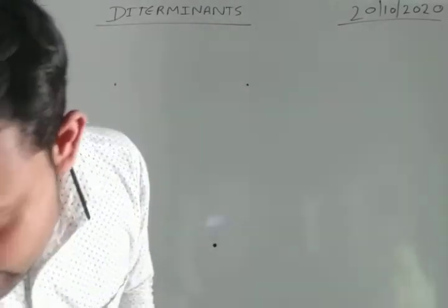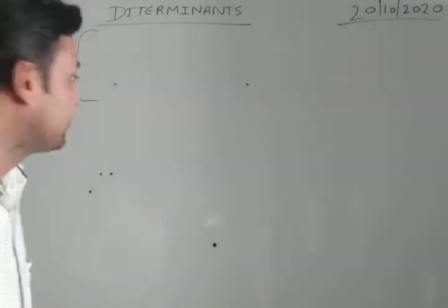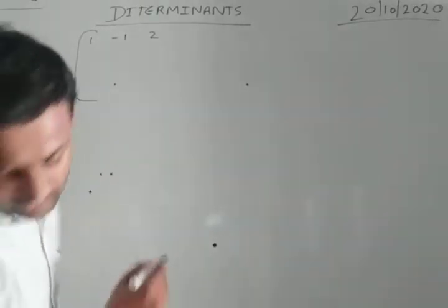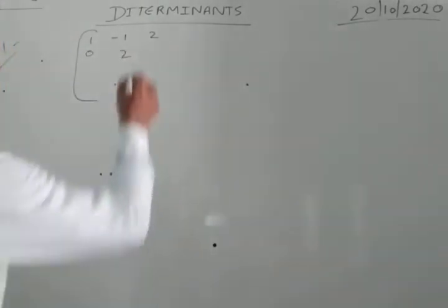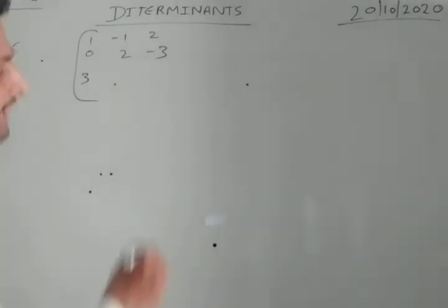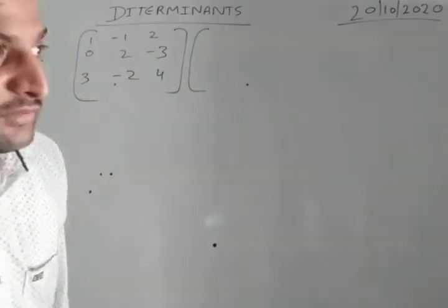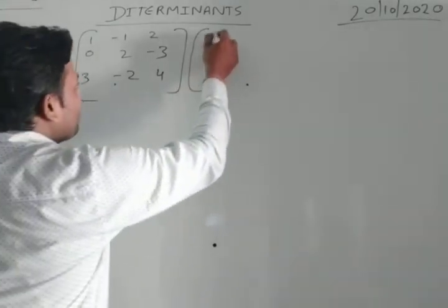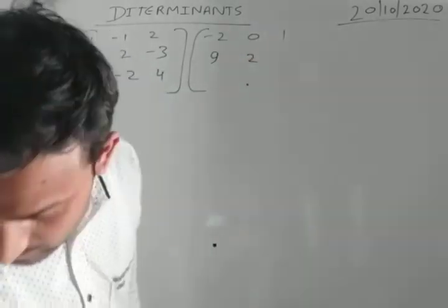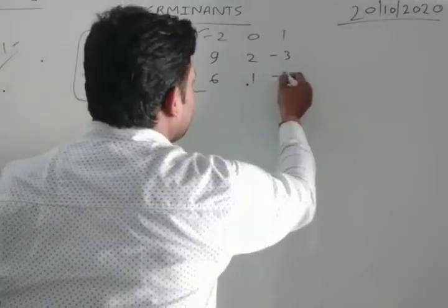Use the product of determinants. We are given the matrix 1, minus 1, 2, 0, 2, minus 3, 3, minus 2, 4, and another matrix minus 2, 0, 1, 9, 2, minus 3, 6, 1, minus 2.